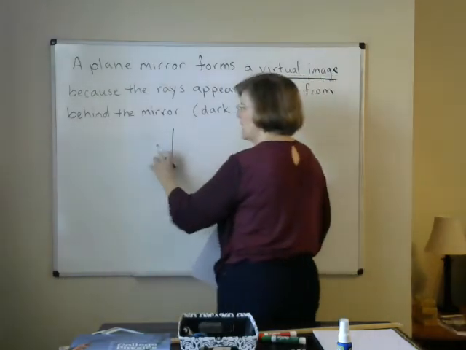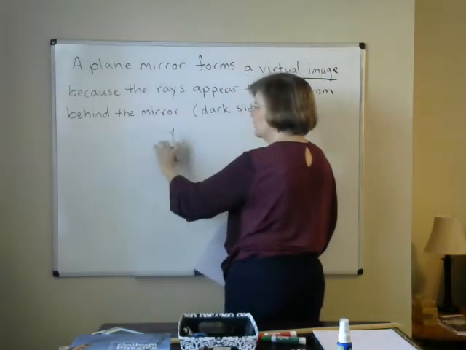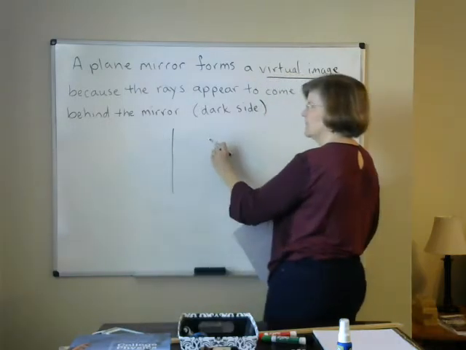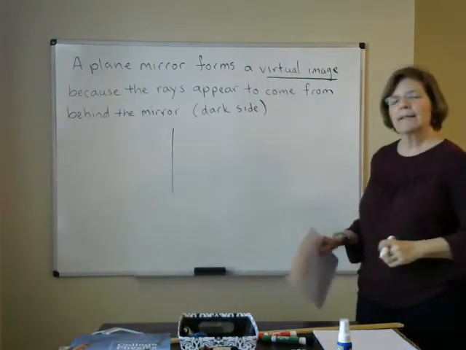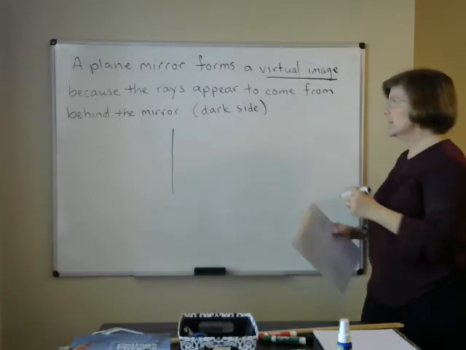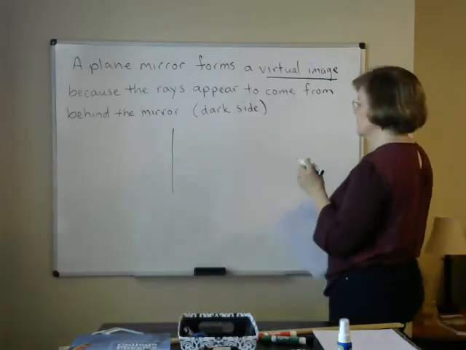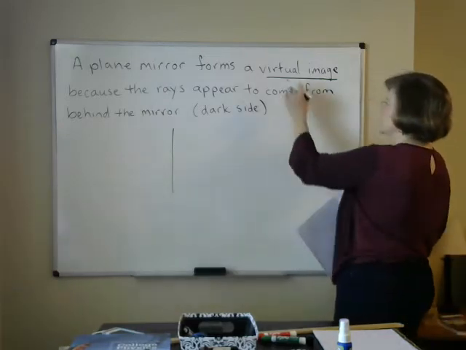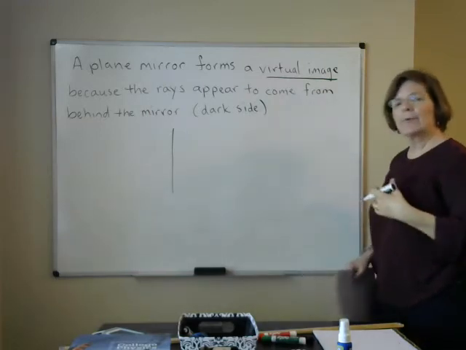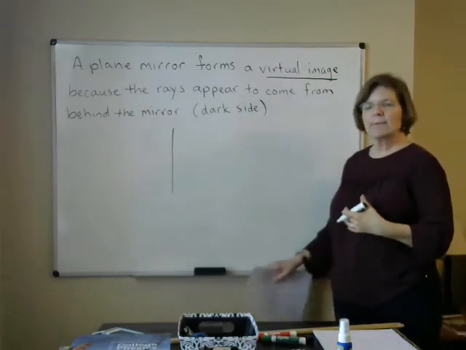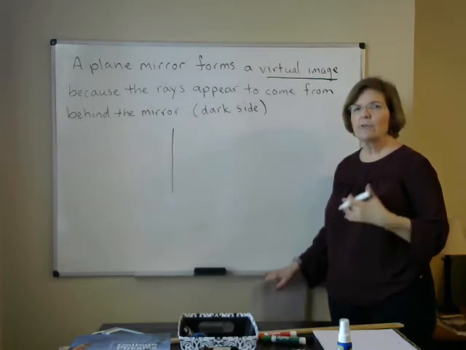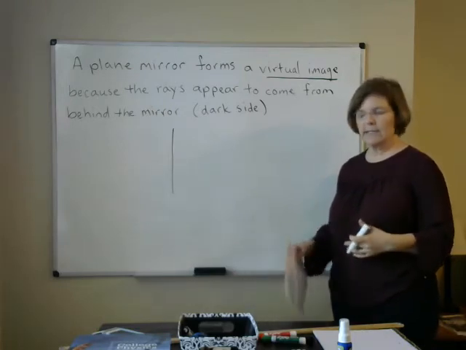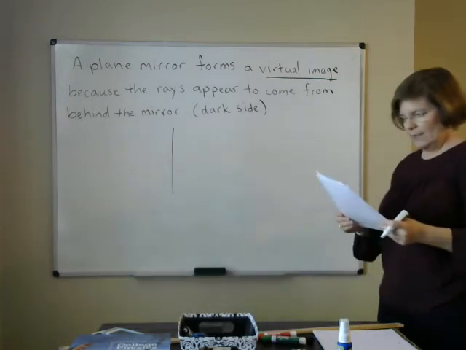It's because that light's bouncing off this mirror, but your brain traces those rays back and forms an image on the dark side. That's a virtual image. Another thing that's good to know about virtual images is virtual images are always going to appear to be upright, right side up. So when an image is right side up, you know there's not any actual light rays there. It is a virtual image.